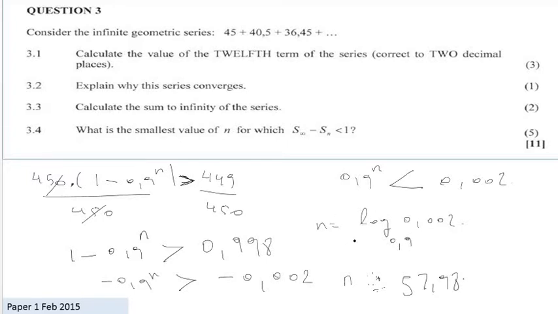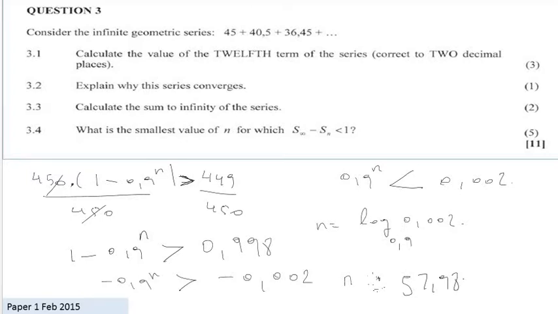Now there are two things here. We are not solving the equation, but we are solving the inequality. So we need to have a range instead of having just one single value of n.